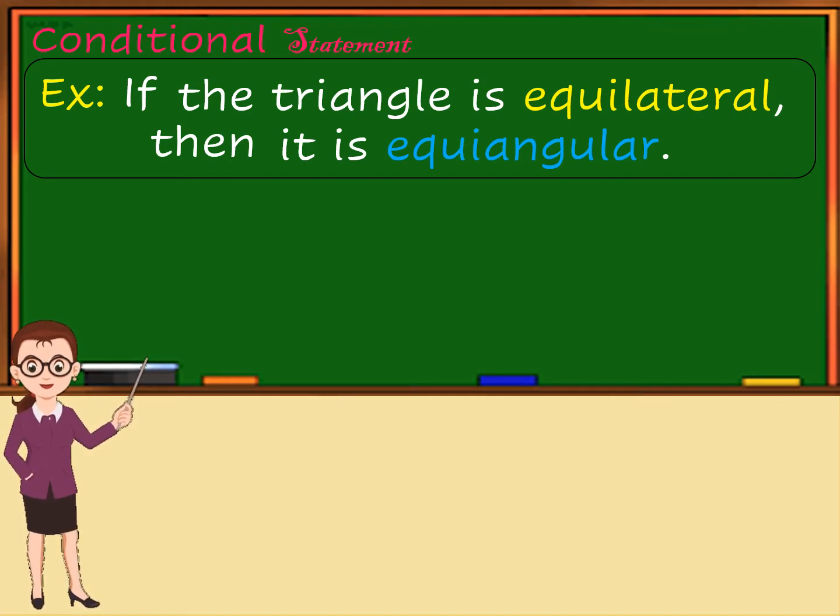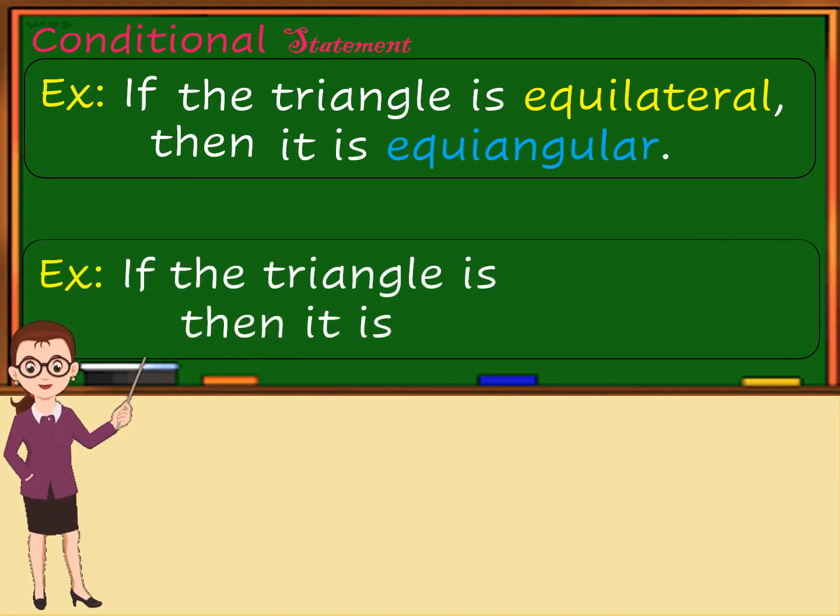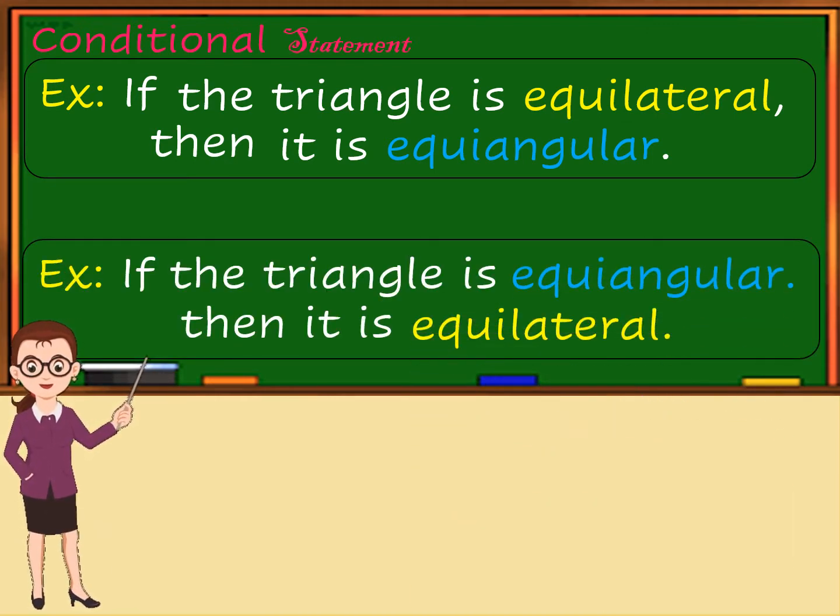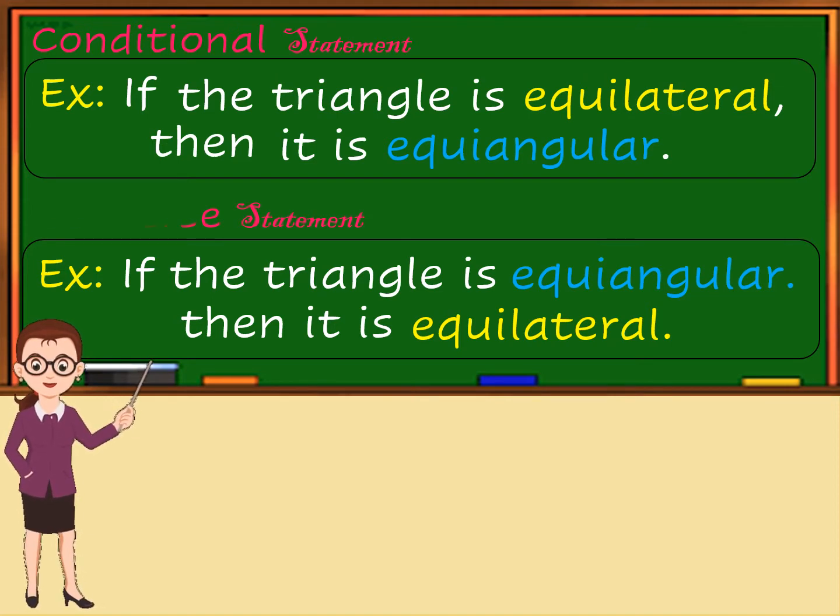Then, the statement becomes, if the triangle is equiangular, then it is equilateral. The conditional statement now is transformed and becomes the converse statement. The converse statement is formed when you switch the hypothesis and conclusion of a conditional statement.